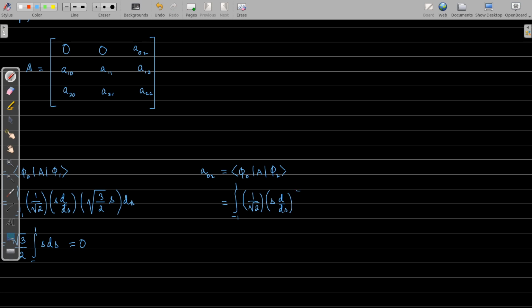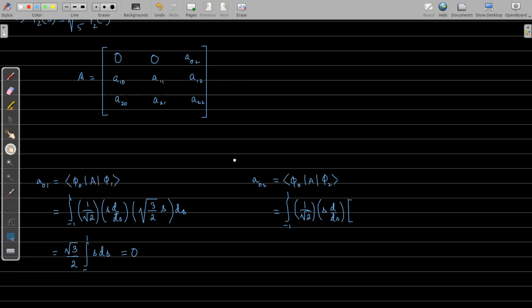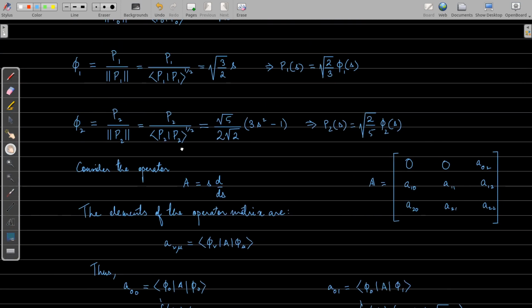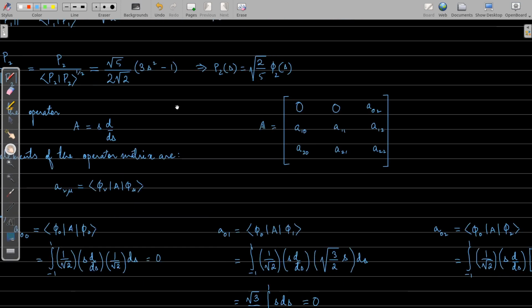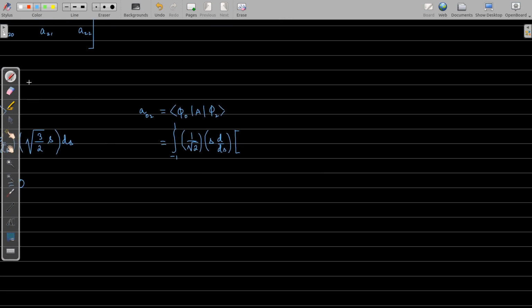So you can write down phi 2, which we've already found out: phi 2 is root 5 by 2 root 2 times 3s squared minus 1. So we write this down here, root 5 divided by 2 root 2 times 3s squared minus 1 times ds.